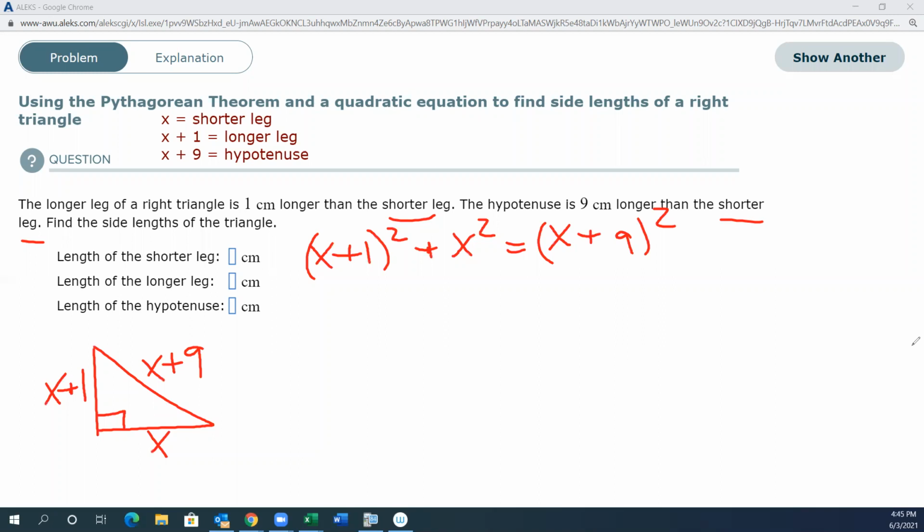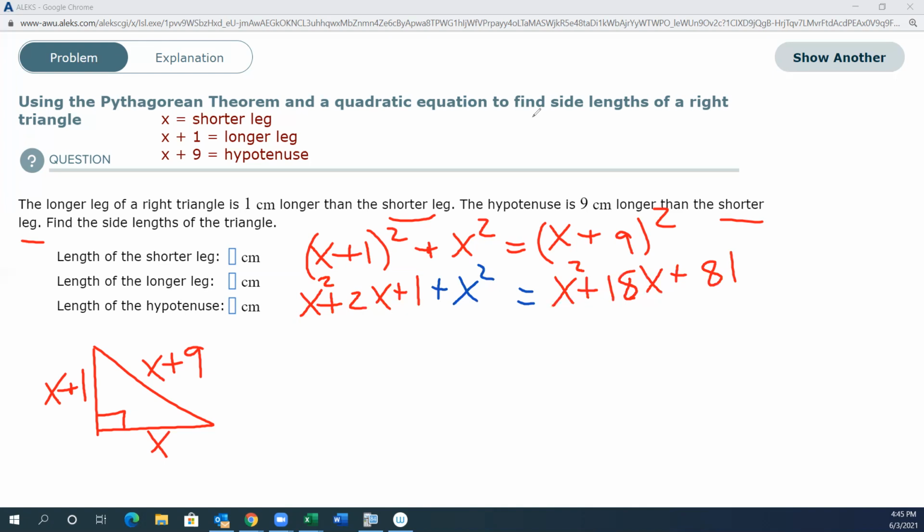All right, now I got to get rid of those parentheses. So that'll be x squared plus 2x plus 1. Okay, and then the x squared I already had. Then over here, remember, it's x plus 9 times x plus 9, so it's not just x squared plus 9 squared. It's x squared plus 18x plus 81.